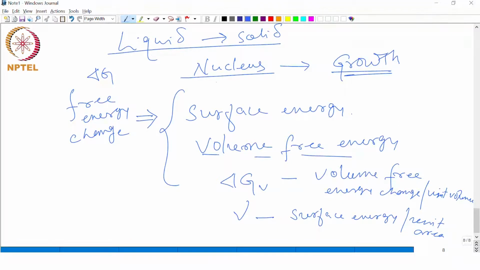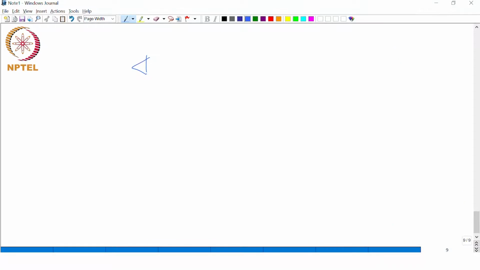then considering this nucleus as a spherical particle, we can write this delta G in terms of delta G V and the gamma. So, if you consider the nucleus to be spherical, the volume will be this.